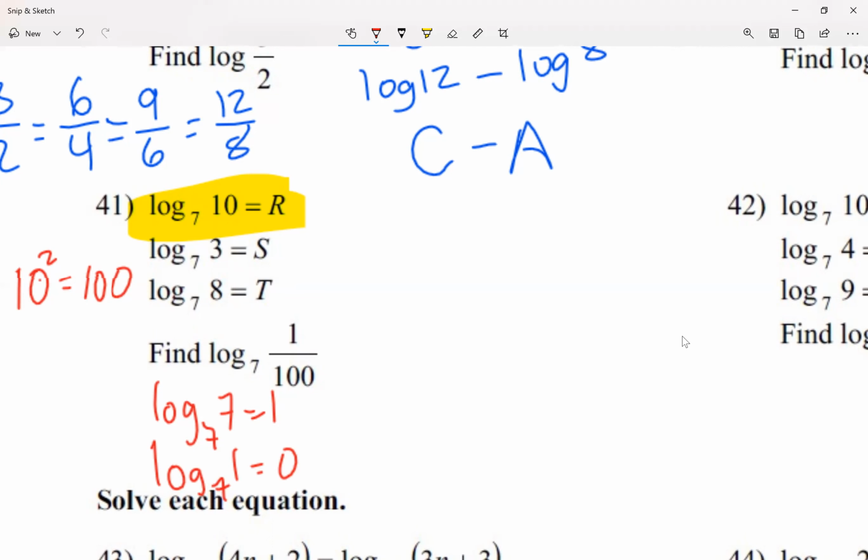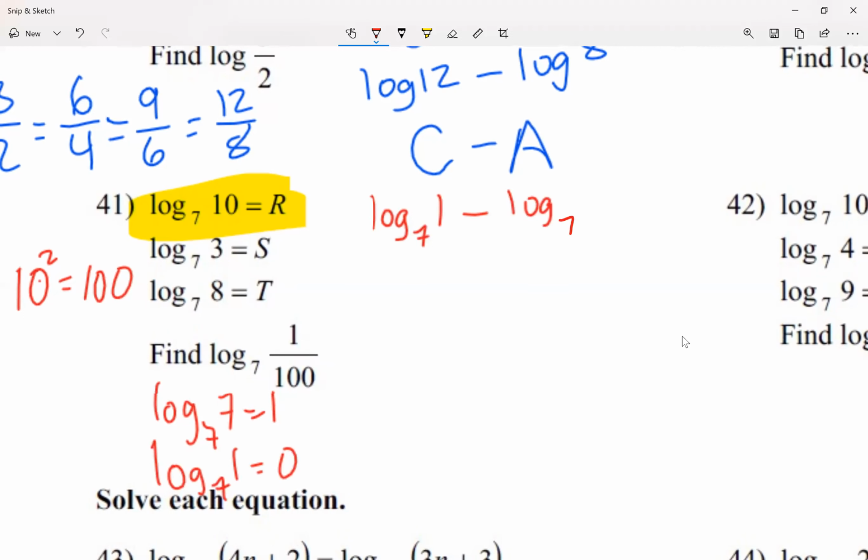Okay, so I can go here. Let me break this as log base 7 of 1 minus log base 7 of 100. Let me write this as log base 7 of 1 minus log base 7 of 10 squared.